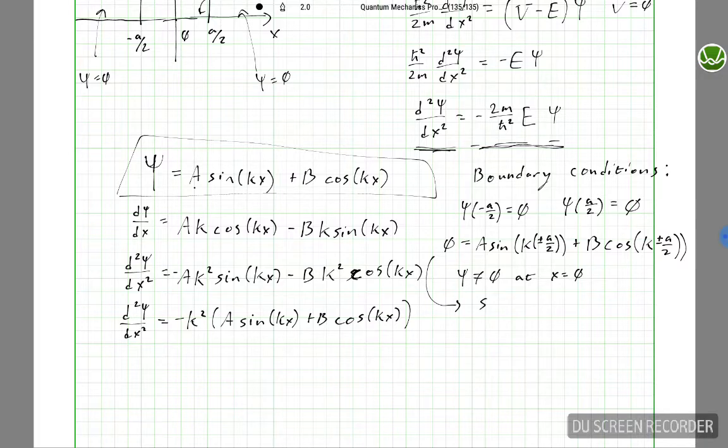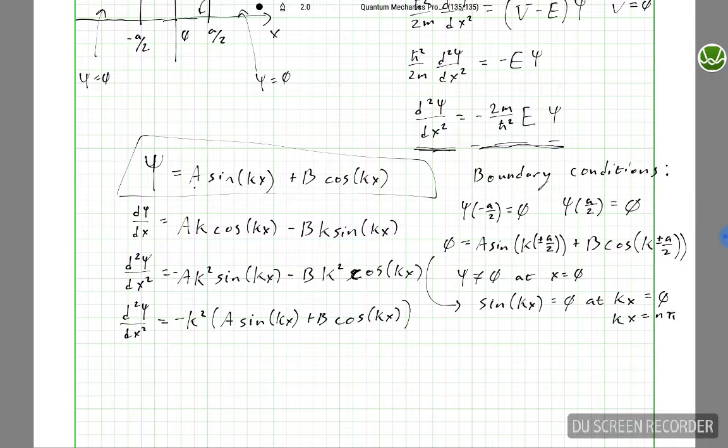So sine of anything equals 0 at kx equal to 0 or kx equal to n pi.